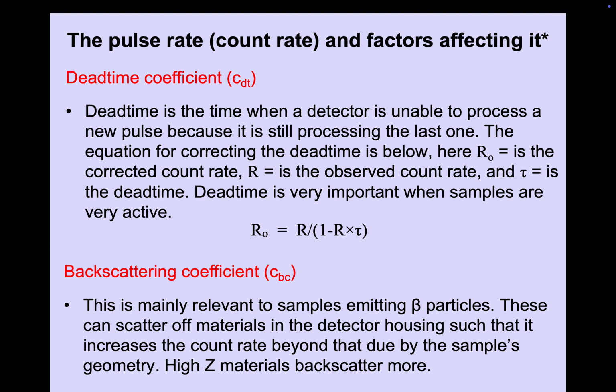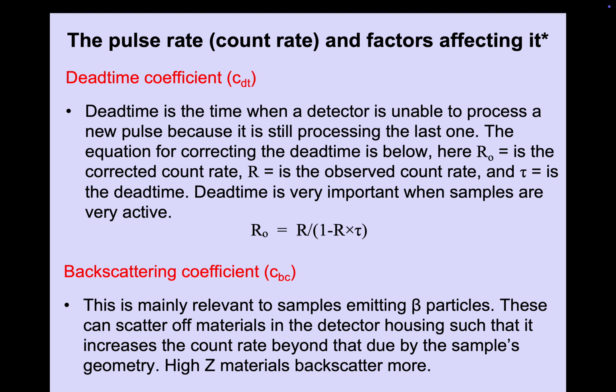Now, backscattering is dependent upon the materials that we have in our detector setup. So if we have shielding materials that are made of a particularly high atomic number, for instance, then it can more efficiently backscatter those high energy betas and potentially direct them back towards the detector, giving us a false high measurement.